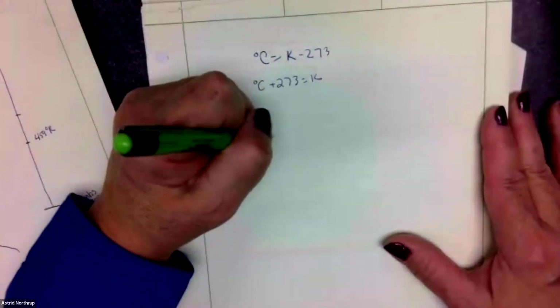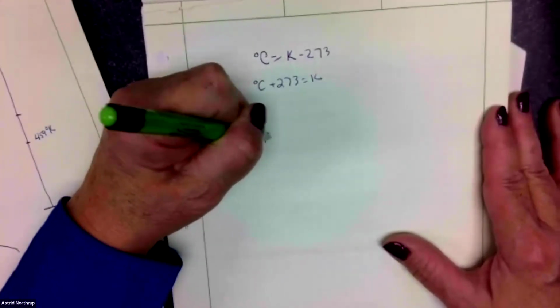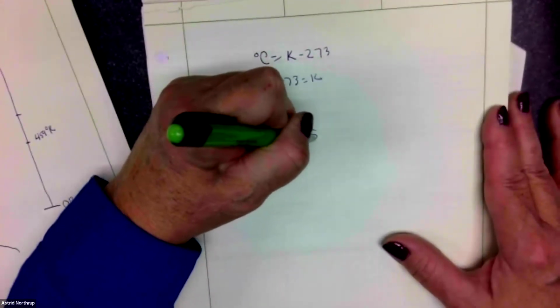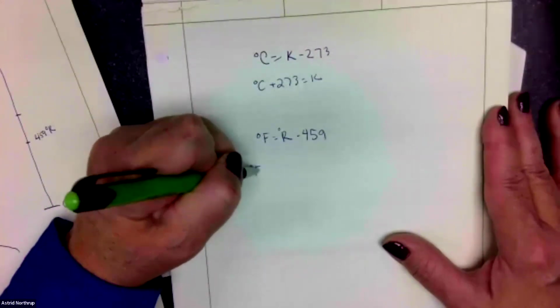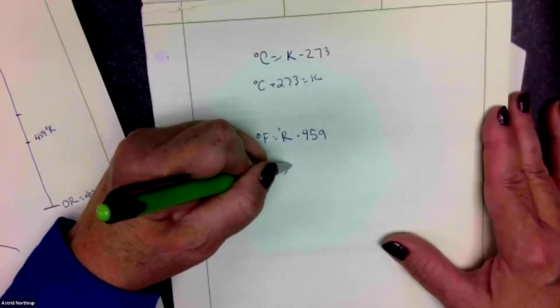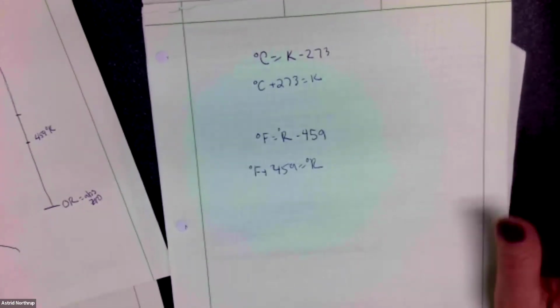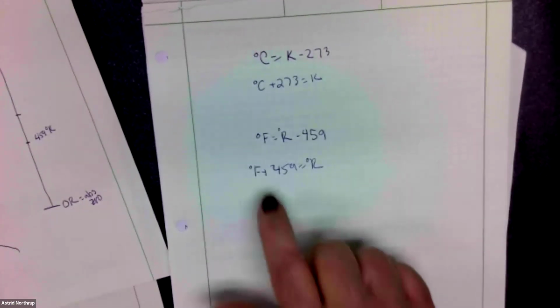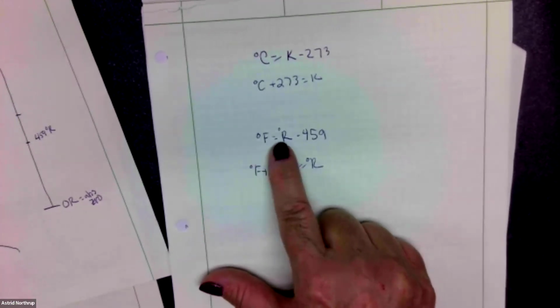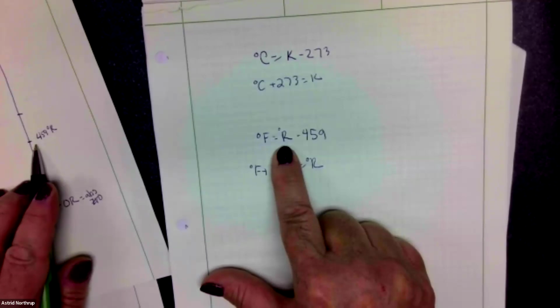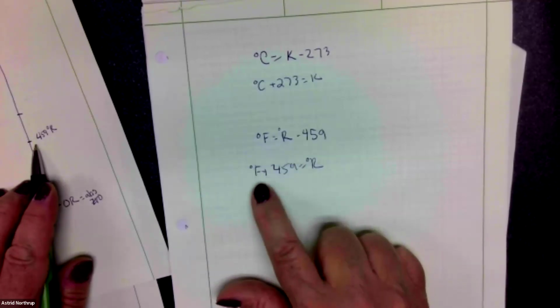All right, and for Rankine we have the same thing, where we can say degrees Fahrenheit is equal to degrees Rankine minus 459.